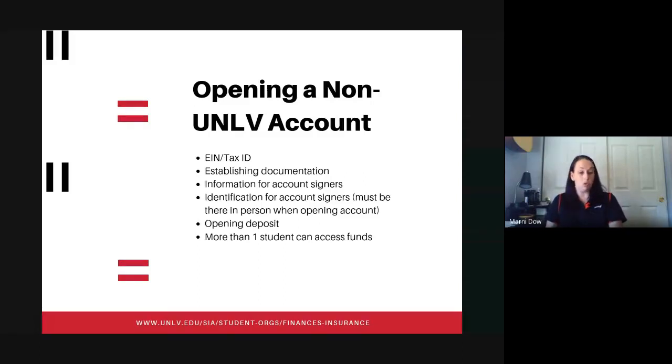Those should be students. There should be more than one student who has access to the funds. Whoever's going to be the account signer needs to go in person with their ID to the bank in order to create those accounts. And then most banks have some sort of opening deposit requirement. Every bank is going to be different. It might be as low as like $100, but it depends on the bank.